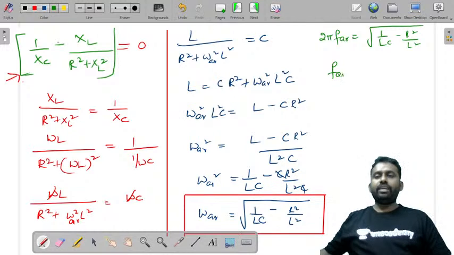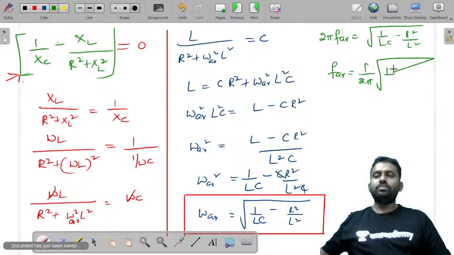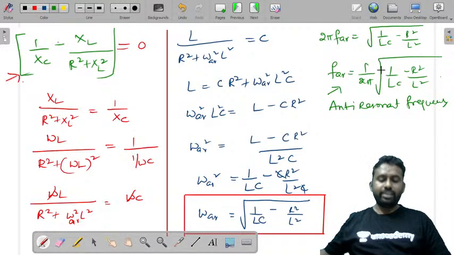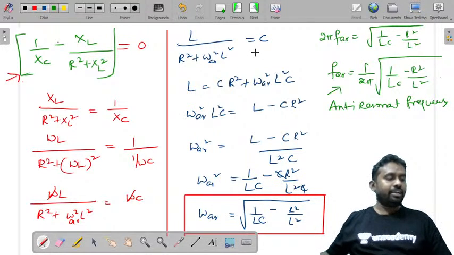So f AR is equal to 1 by 2 pi root over (1 by LC minus R square by L square). This is the anti-resonant frequency, or the resonant frequency of a parallel circuit.